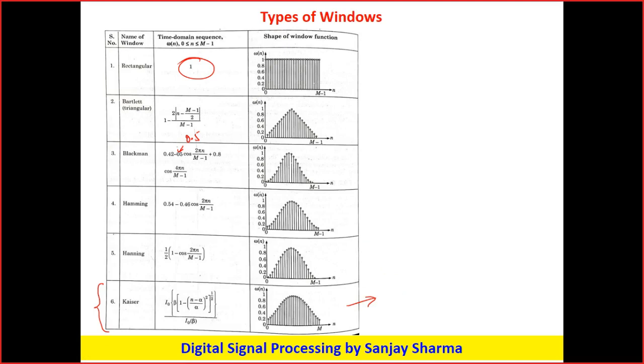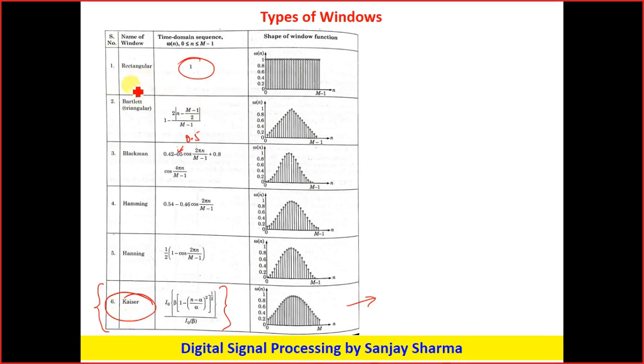I have previously told you there is a Kaiser method to design FIR filters. This is a separate type of window which uses an empirical formula to calculate the window coefficients. We will take the Kaiser window in a separate lecture.